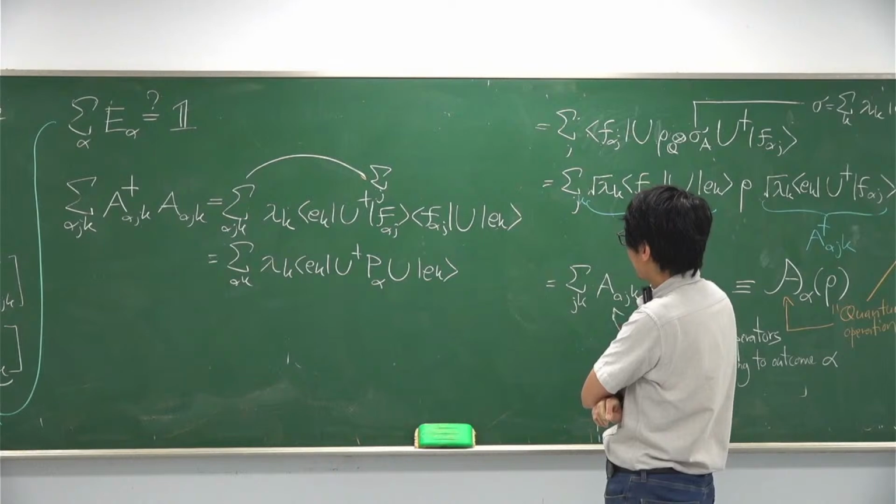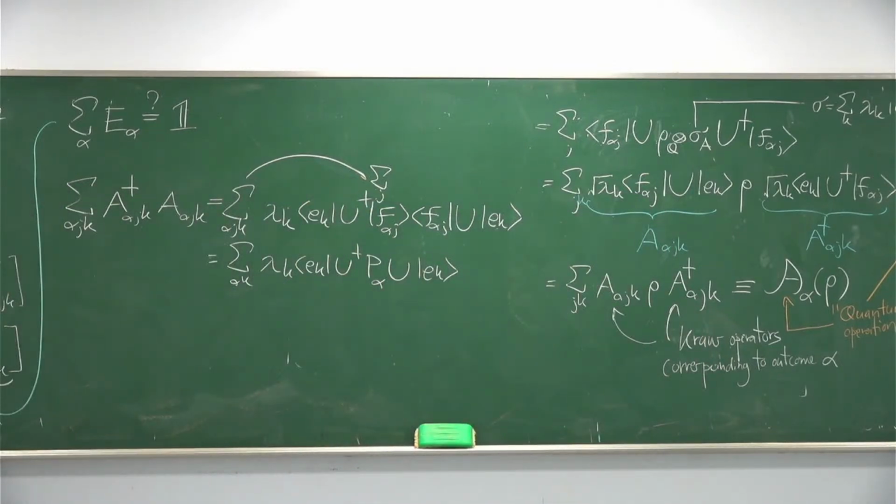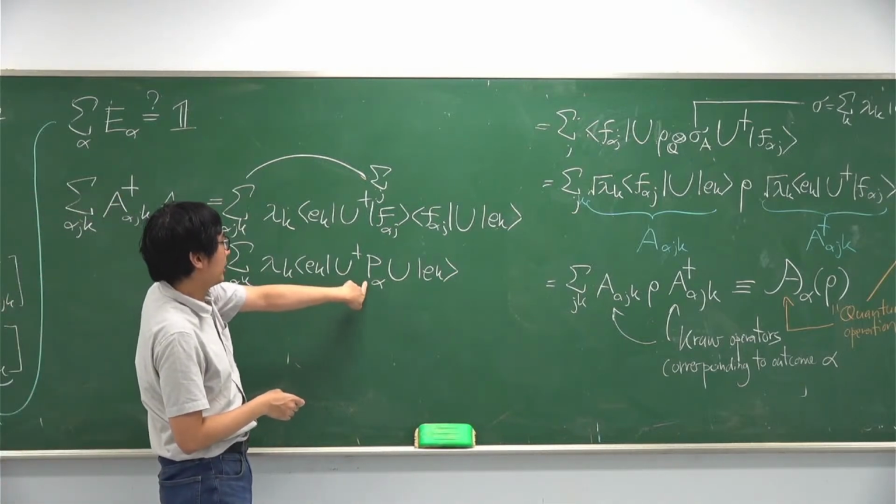It's the matrix element. I kind of want to move the P around. Actually, a better way to do it, because I just want to get rid of this.